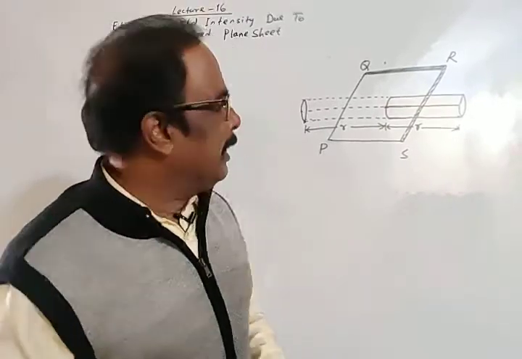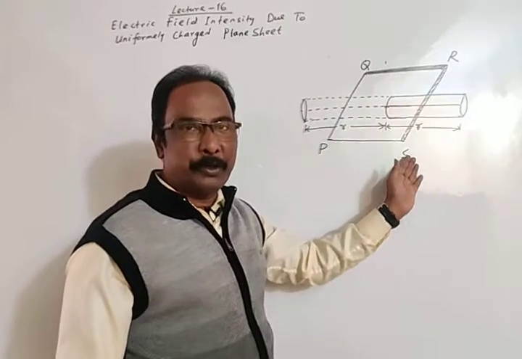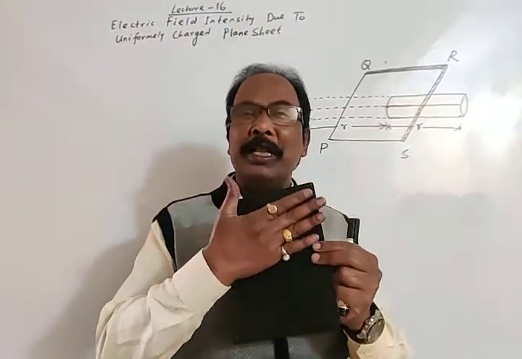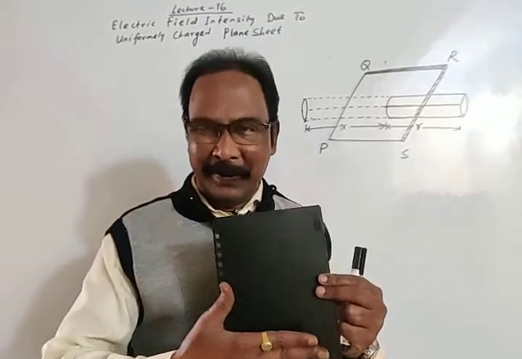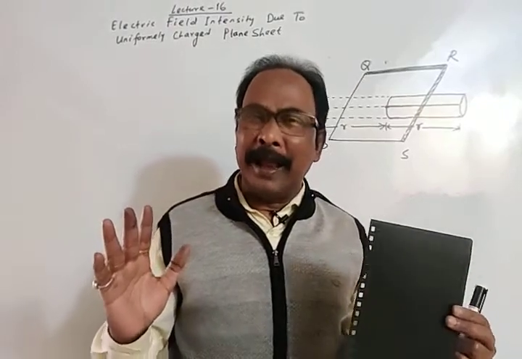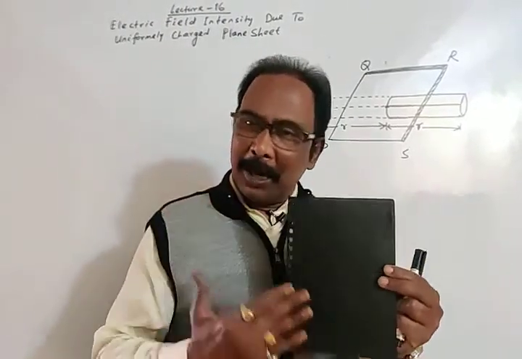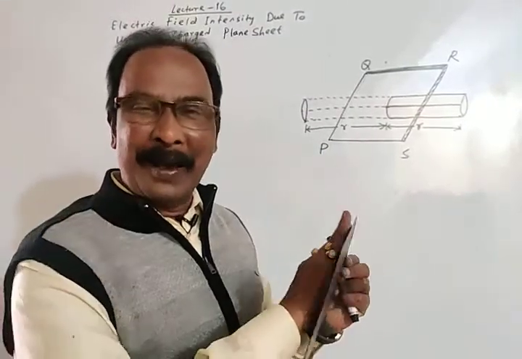Let's consider this is a flat sheet PQRS. Of course, we have to consider this sheet is of infinite surface area. Our consideration is like that. Charge is distributed on the surface.